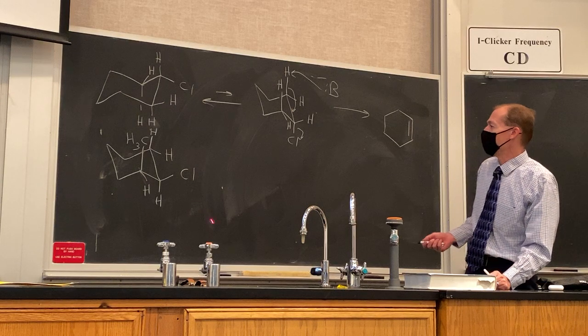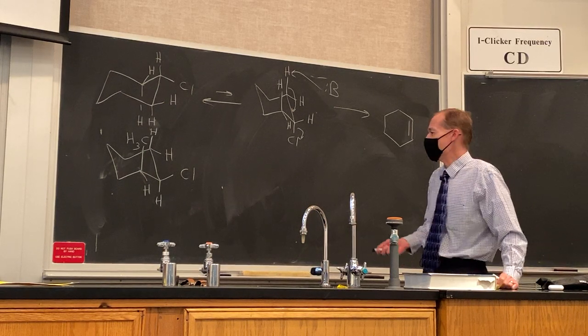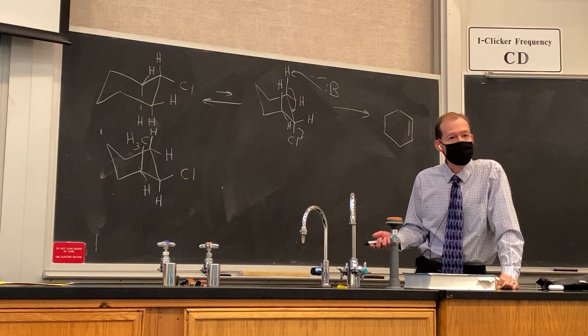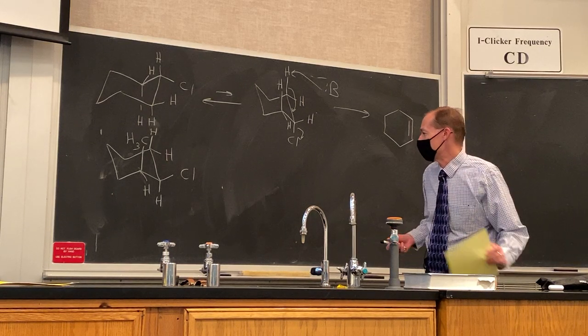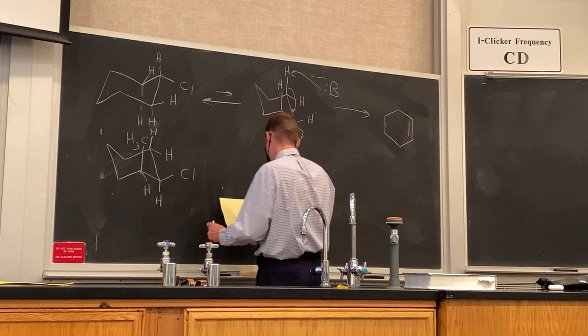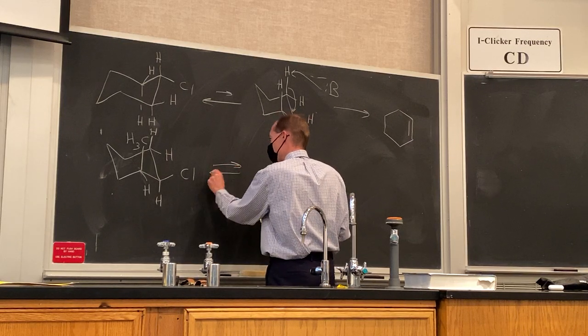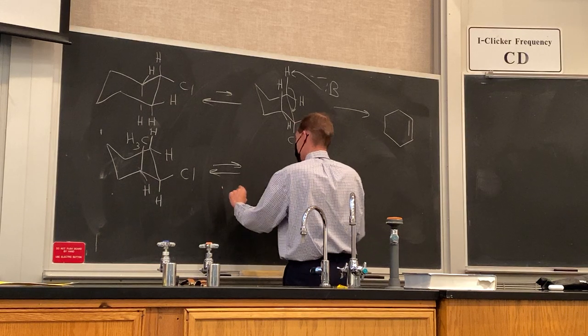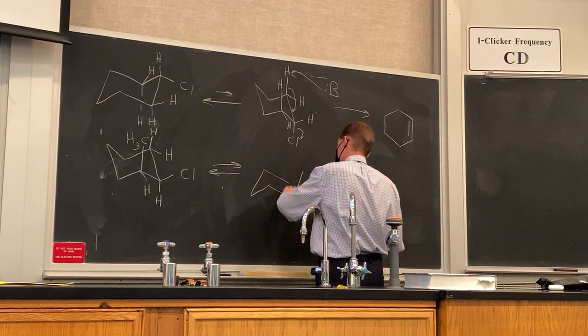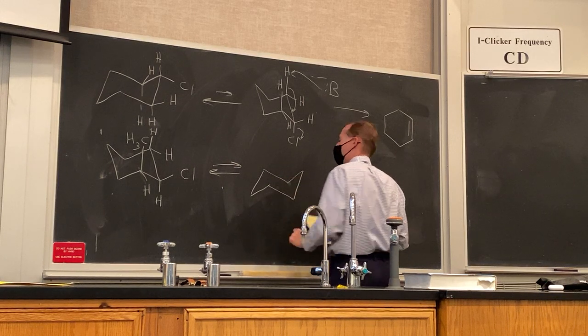Okay. Can we perform the E2 reaction from this chair conformation? Nope. We've got our chloride equatorial, so we have to perform a ring flip. I'm going to draw it a little bit lower on the board so we don't bump into the one I drew above.